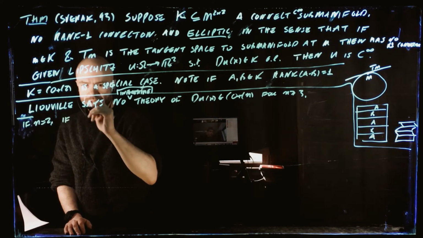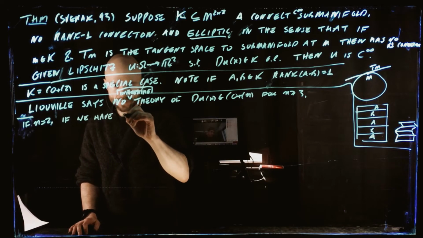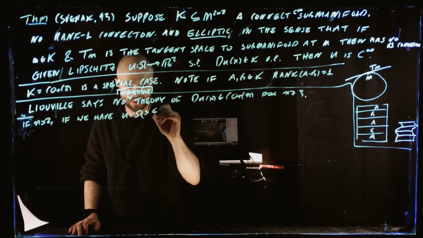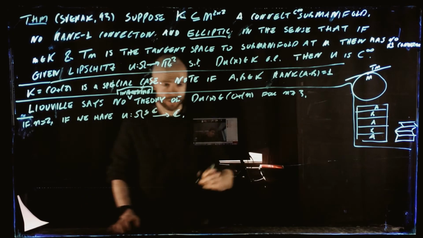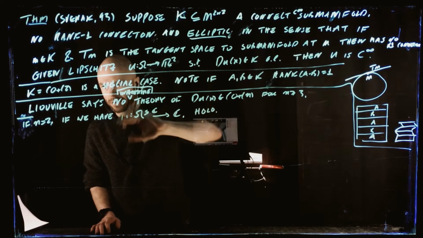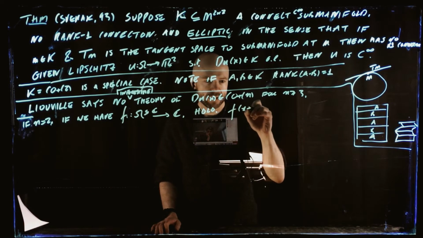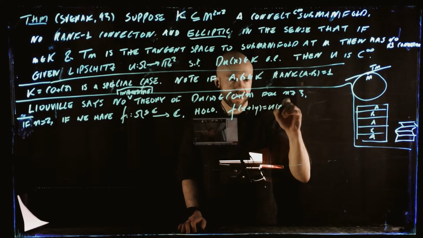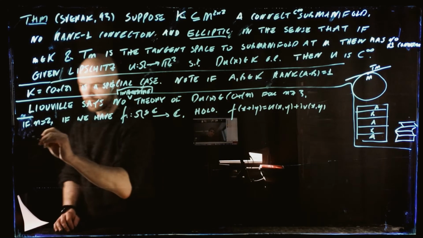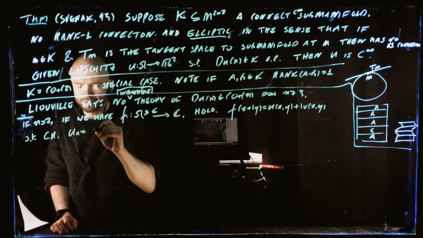If we take u from omega inside the complex numbers into the complex numbers, holomorphic, so once differentiable, then, let's call it f, because I want to write Cauchy-Riemann equations. Then f of x plus iy equals u of x, y plus i v of x, y, satisfies the Cauchy-Riemann equations. I mean, we've done this before.